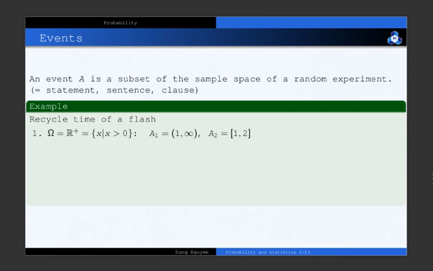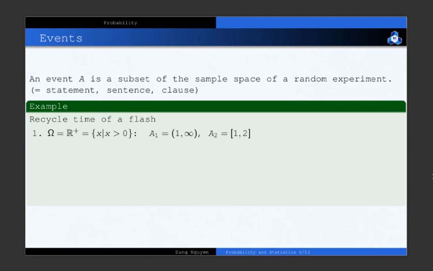How about an event? An event A is a subset of the sample space of a random experiment. In reality, it could be a statement, a sentence, or a clause. For example, when you consider the recycle time of a flash, the set A1, which is the interval [1, infinity), is an event.